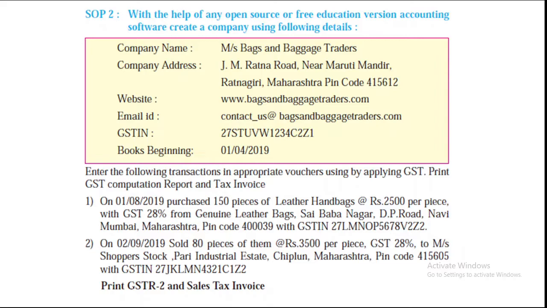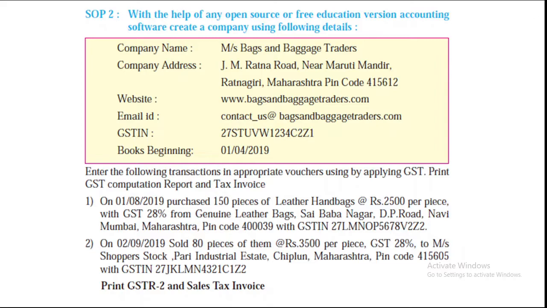On 1st August 2019, purchased 150 pieces of leather handbags at the rate of 2,500 per piece with GST 28% from Genuine Leather Bags, Sai Baba Nagar, DP Road, Navi Mumbai, Maharashtra, PIN code 400039, with GSTIN number 27LMNOP5678V2Z2.